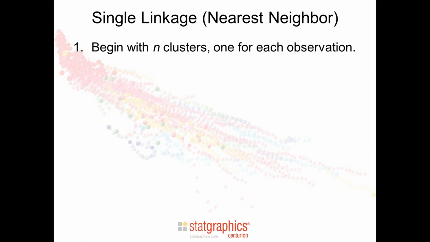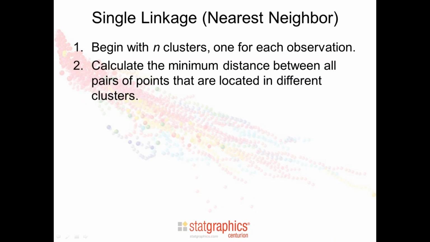What happens with single linkage is you start with n clusters, 1 for each observation, 1 for each of your countries. You then calculate the minimum distance between all pairs of points that are located in different clusters. So you take a point in one cluster, a point in another cluster, and calculate the distance.